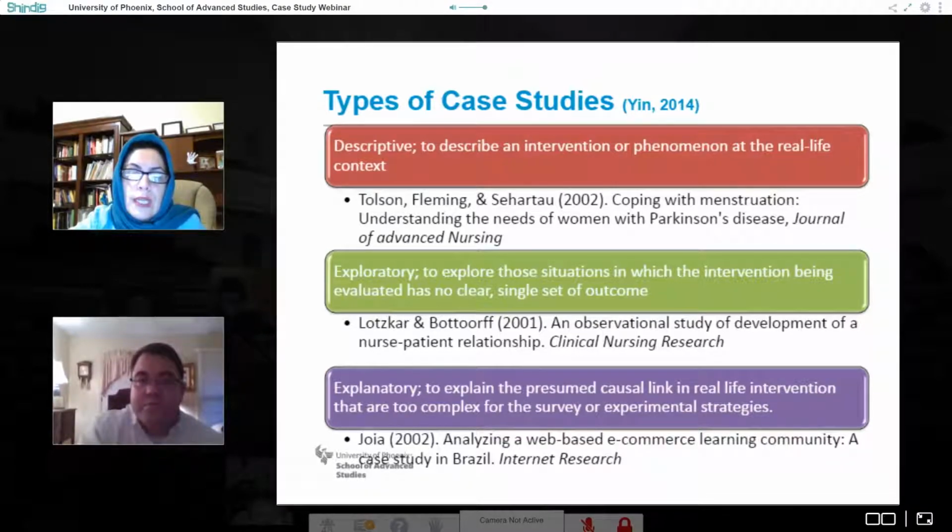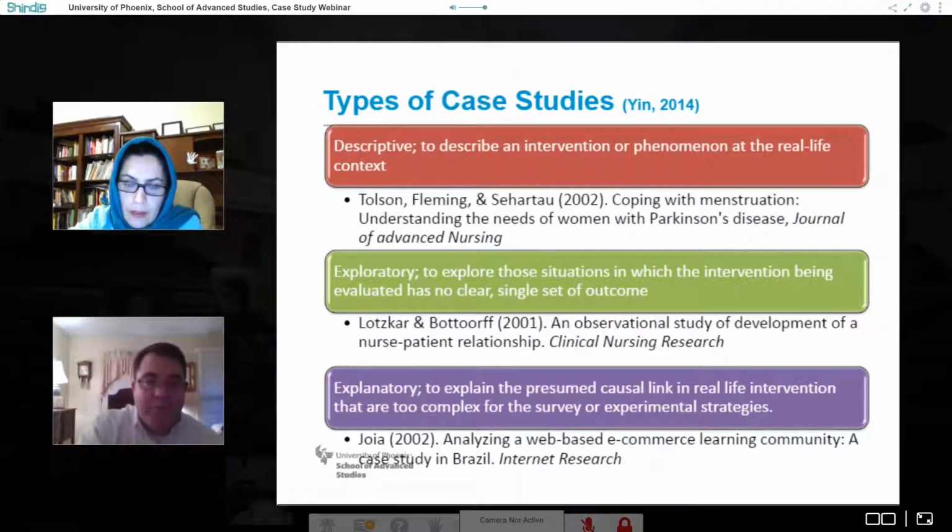If you don't specify your women, it cannot be a case study, because there are unlimited numbers of women you can go and understand their needs with Parkinson's disease, right? But in this case, they had a specific group of women that they wanted to learn about. Okay, thank you. That's it for now.